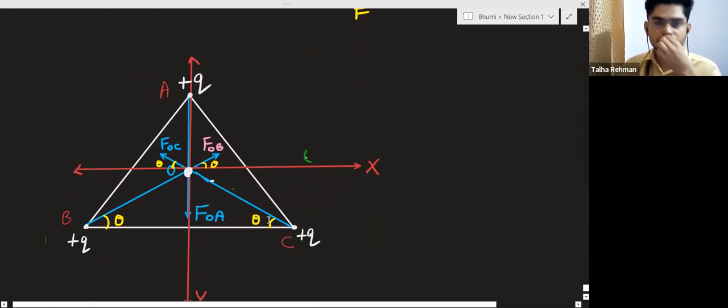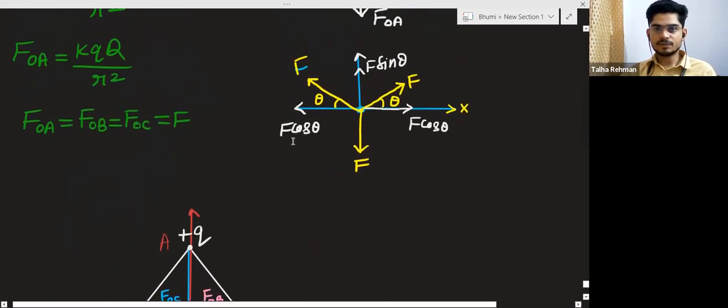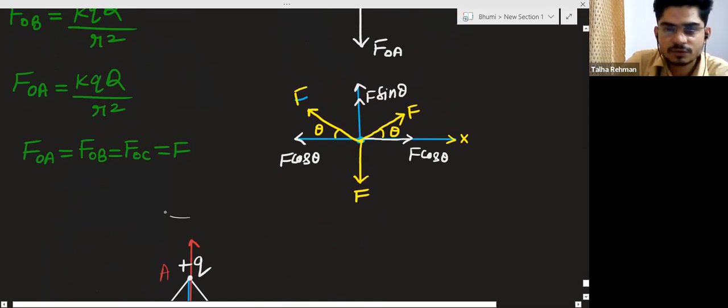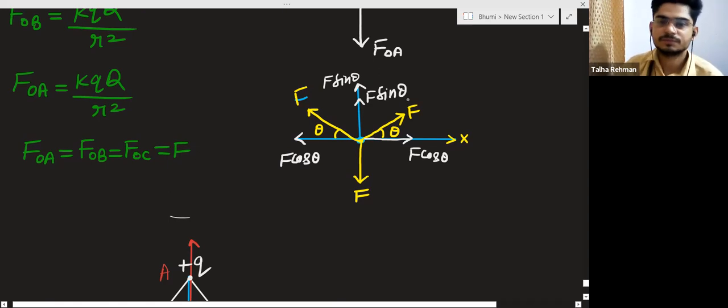If this angle is theta, then this is also theta. So this is F cos theta, and the component of this force along this axis is again F sine theta.